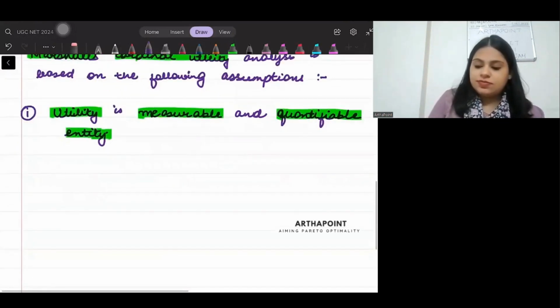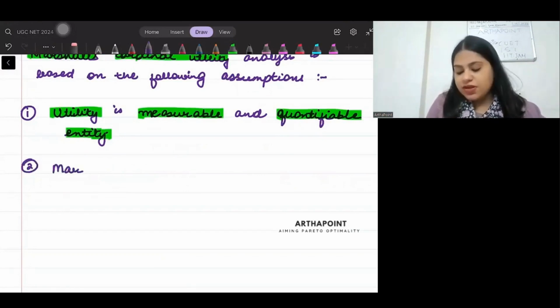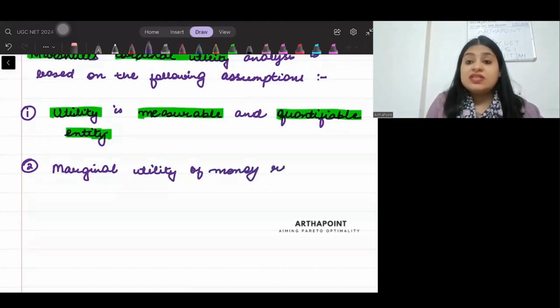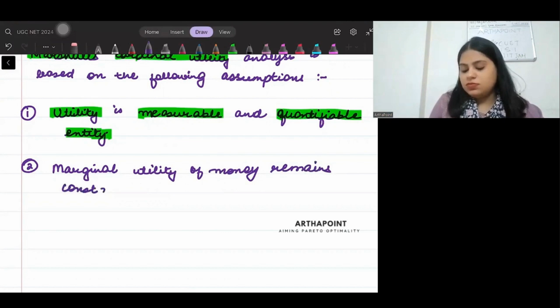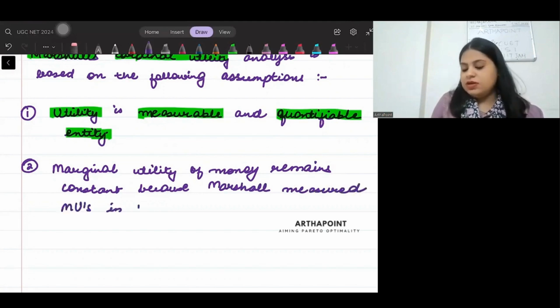Second assumption. Marginal utility of money remains constant because Marshall measured marginal utility in terms of money.